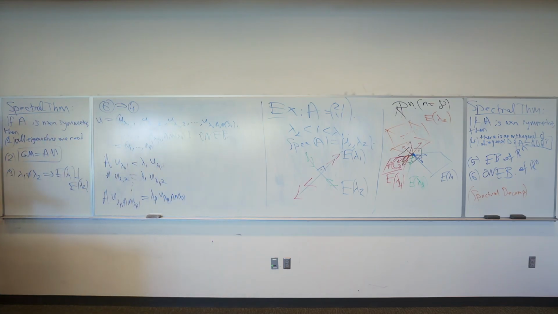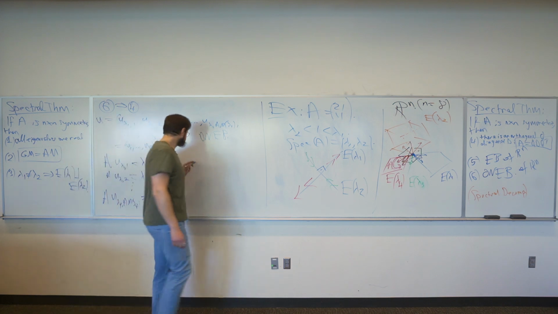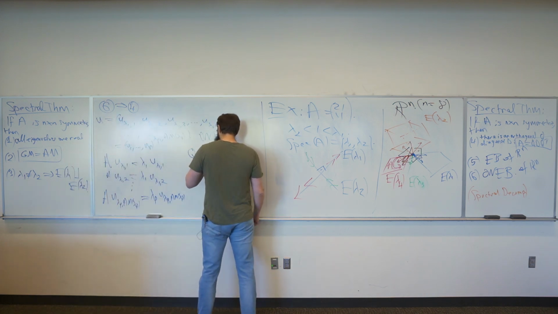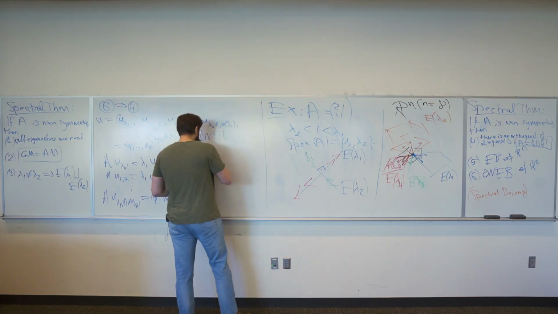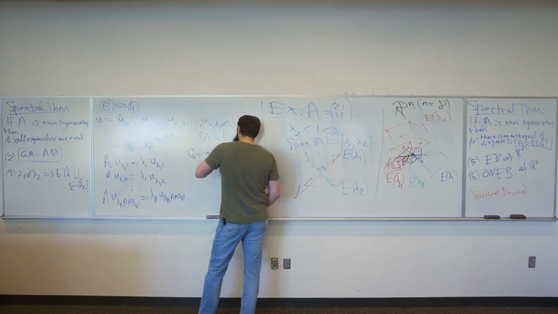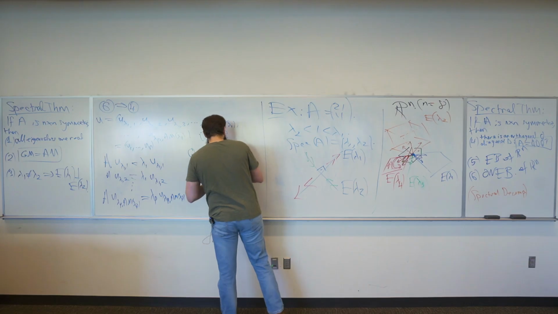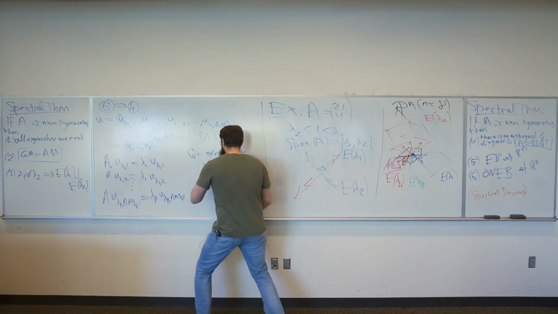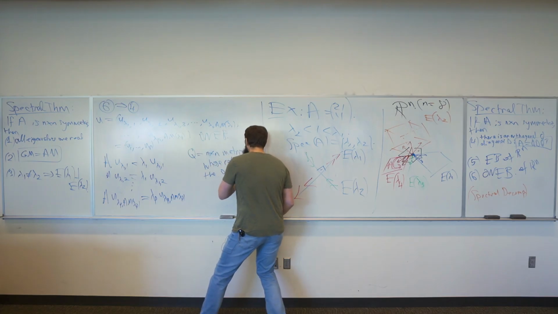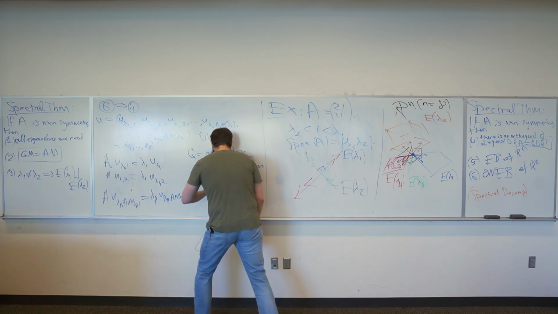Now consider Q to be the n by n matrix whose columns are these orthonormal vectors in the given order. Okay, the order matters here.